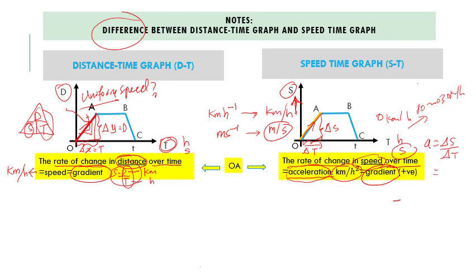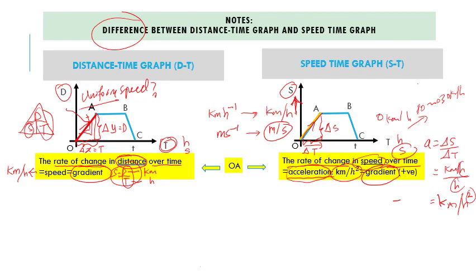So speed, the unit is kilometer per hour, over hour. That's why you get the unit kilometer per hour square. That's why you have square here.